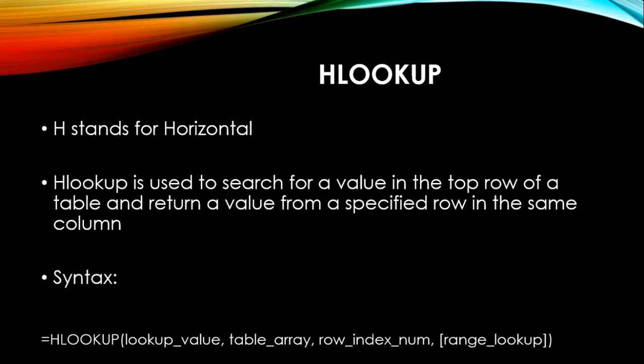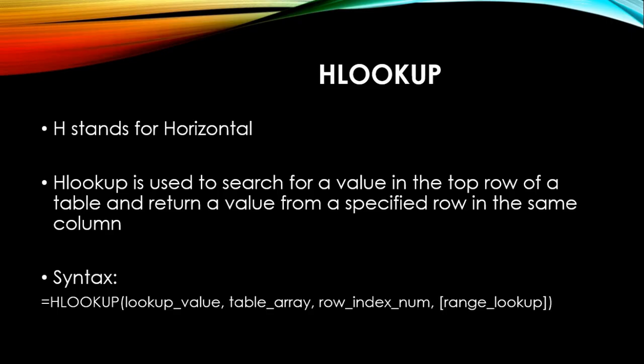Its syntax is equals Hlookup, open the bracket, lookup value, table array, row index number, and the range lookup. We have the same parameters, except instead of giving the column index number, here we are giving the row index number.